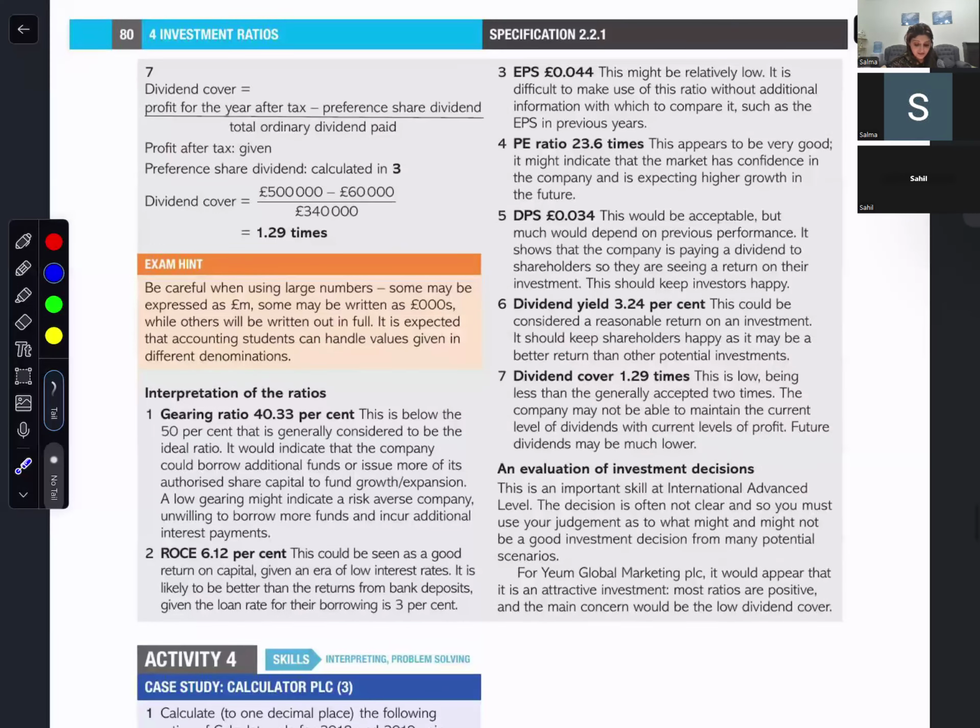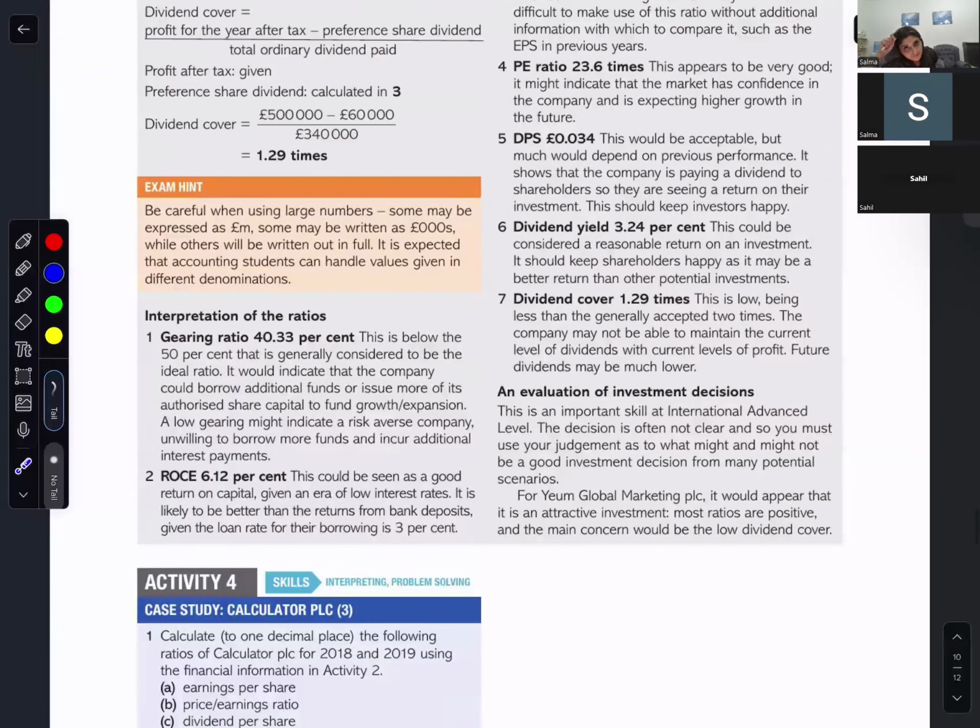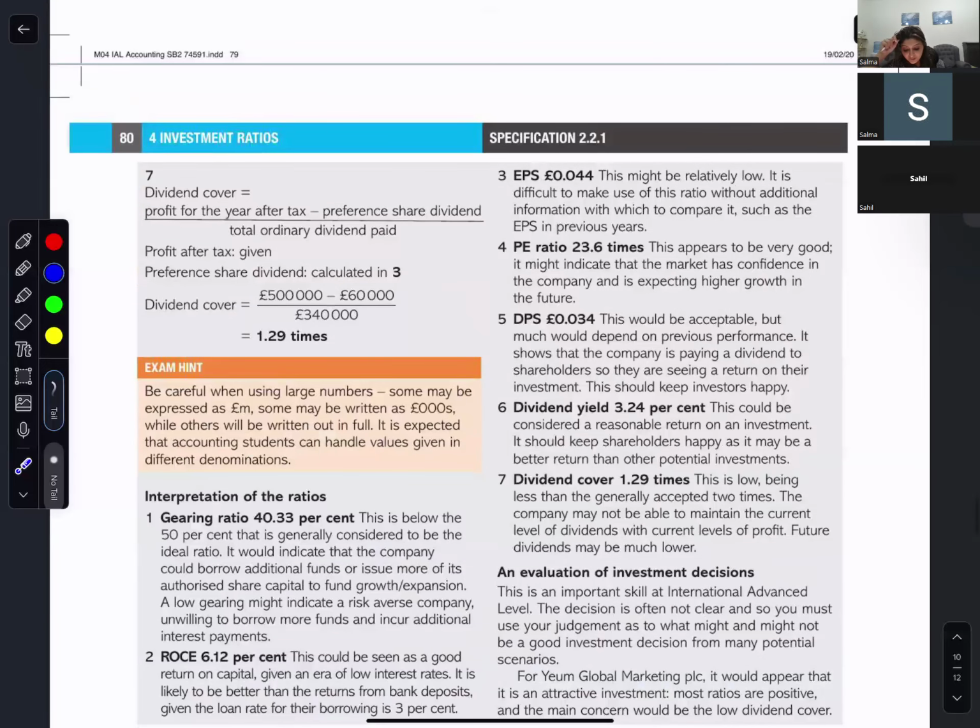So the earning per share is 0.44. You cannot comment anything on this earning per share because you don't know about the previous year. You don't have any additional information about the market. Price earning ratio is 23.6 times.